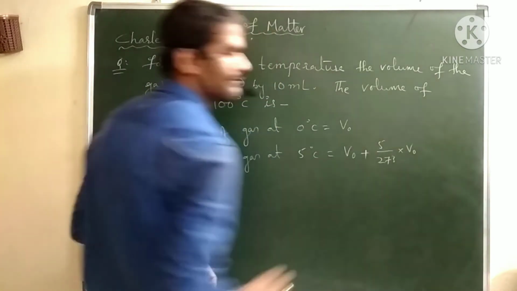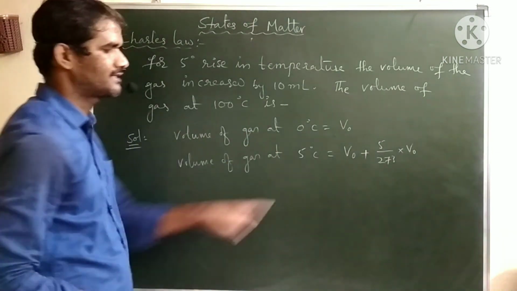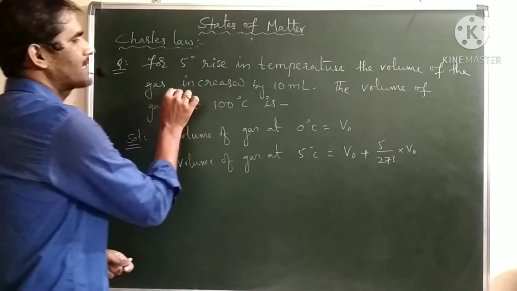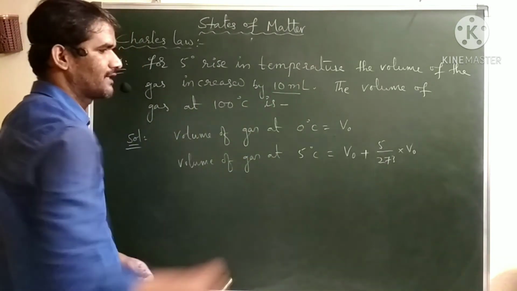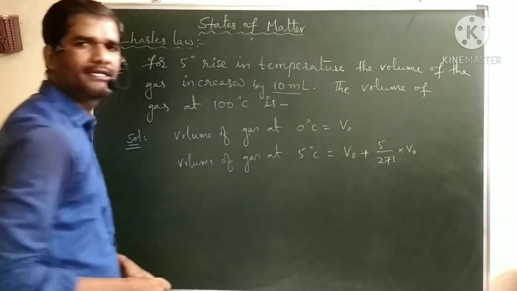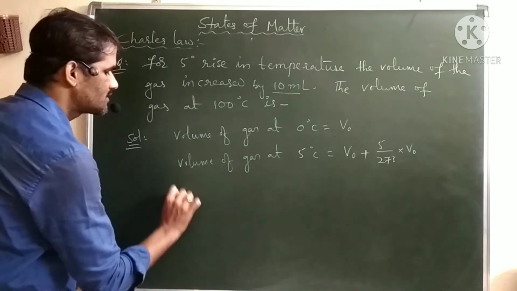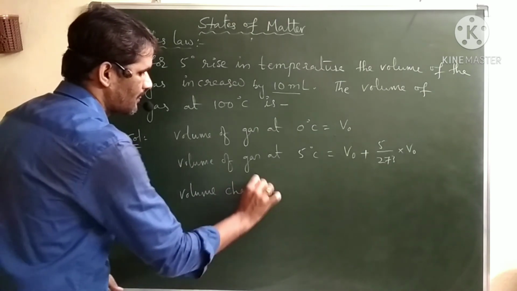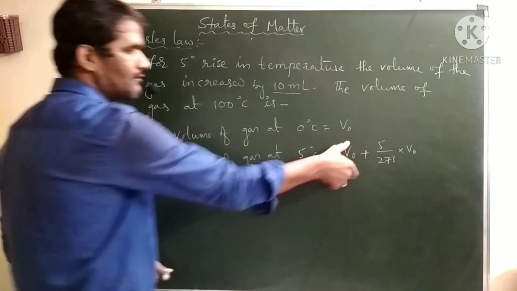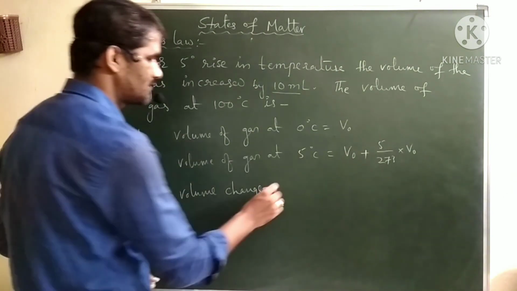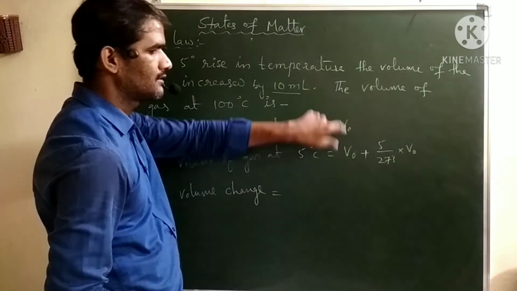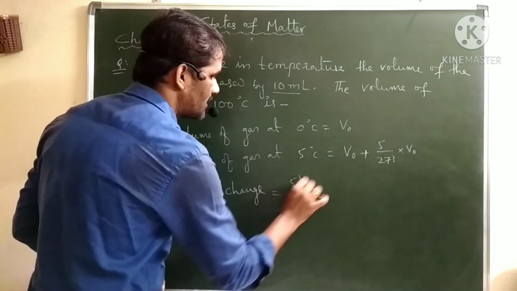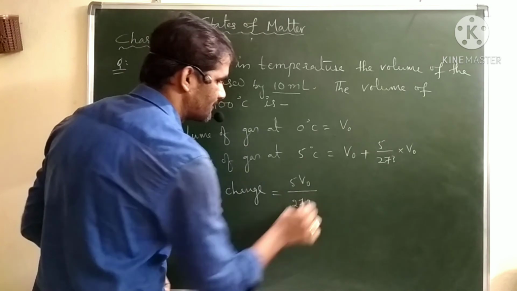So with respect to 0 degrees Celsius, at 5 degrees Celsius, this is the volume. Now they gave the gas increased by 10 ml. So if increase from 0 to 5 degrees centigrade, so volume change. Volume change means final volume minus initial volume. Just if we subtract the initial value from the final value, we will get 5V0 by 273.